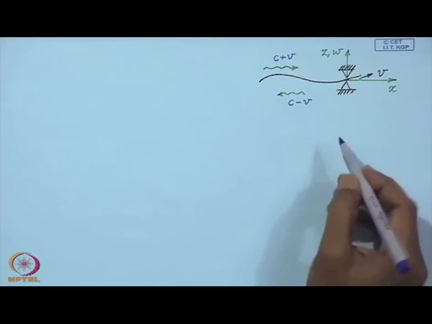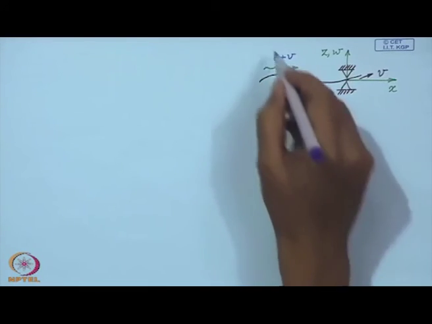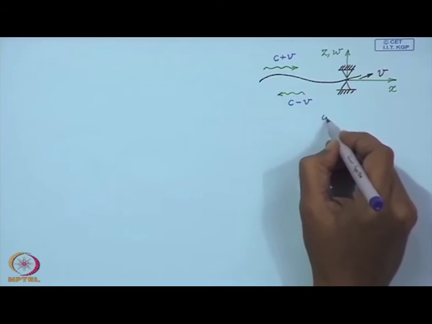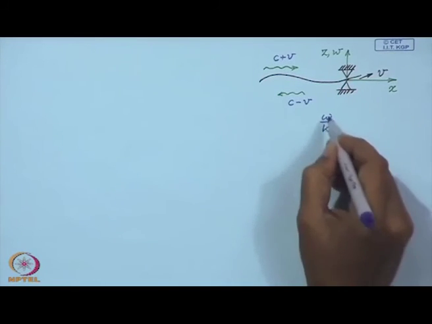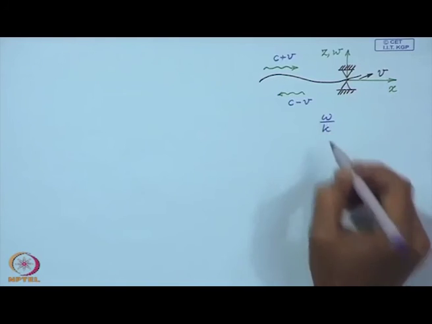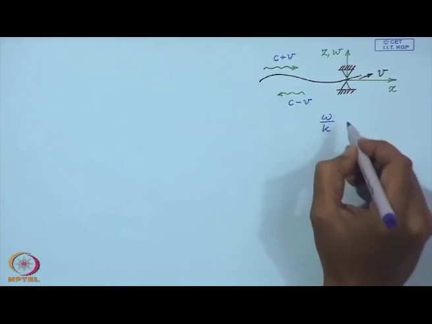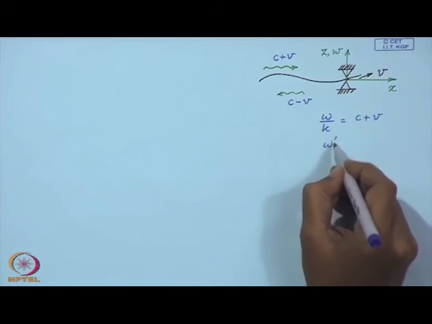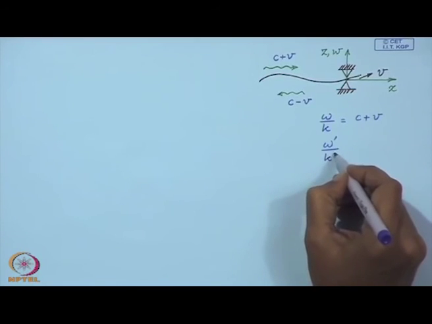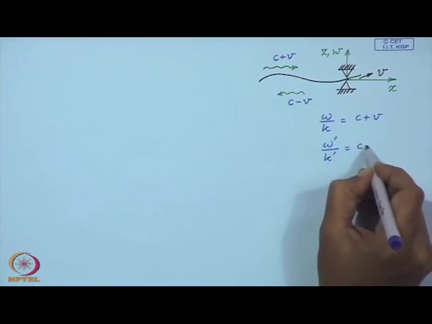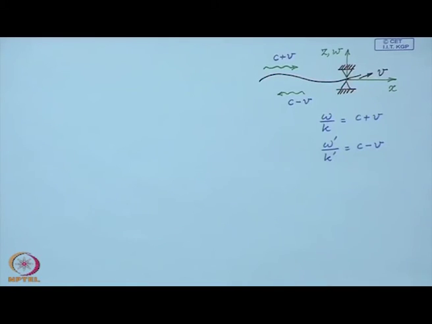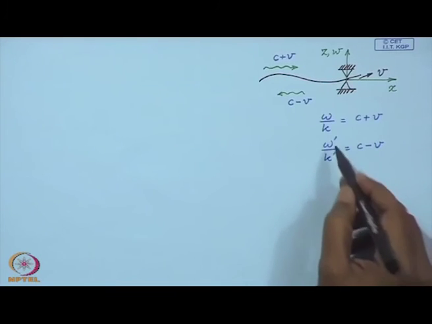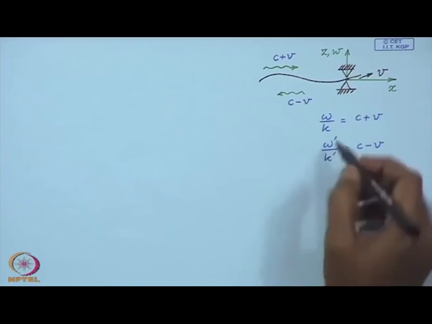Since the phase speed is the ratio of the frequency to the wave number, if for the incident wave it is c plus v, then in general, let us assume that omega prime over k prime is c minus v.